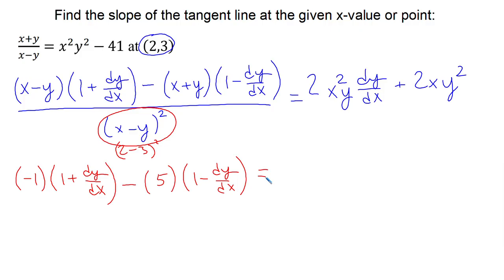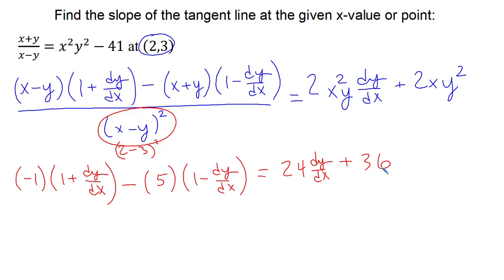Well, 2 times 2 squared is 8, and 8 times that 3 is going to be 24. So we'll have 24 dy/dx over here. And then plus our 2xy squared. Well, y squared is 9, and 4 times 9 is 36.